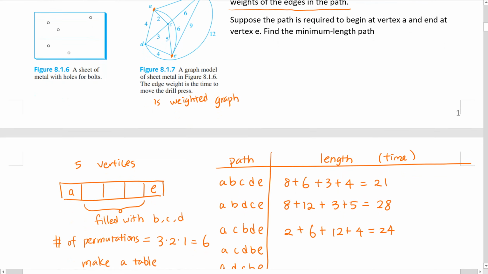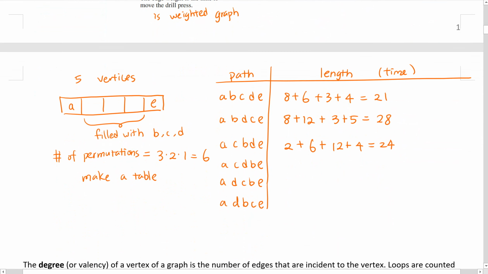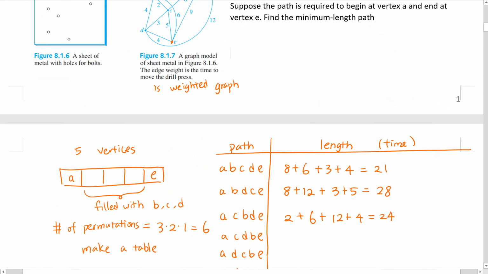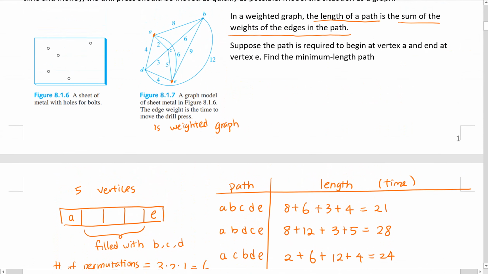Let's continue. When I continue, I don't see the graph. Here, ACDBE.